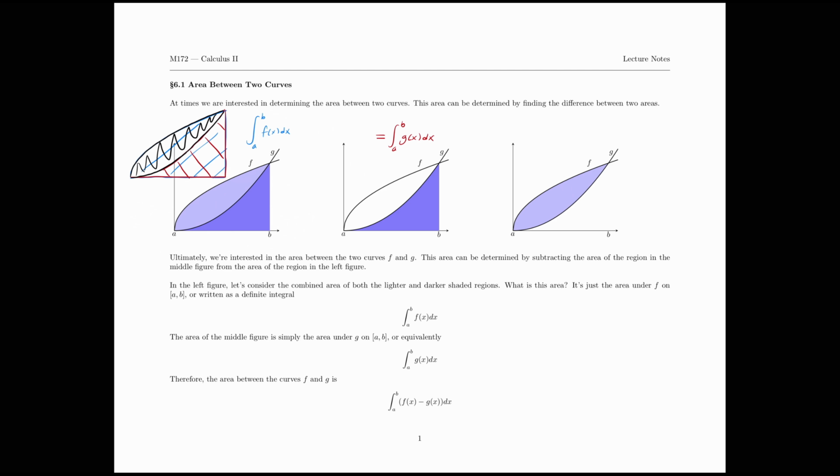Specifically, we would take the area of the larger function, the top function, if you think of these two as who's on top, who's on bottom, f is on top, g is on the bottom, so we would do the top function minus the bottom function.